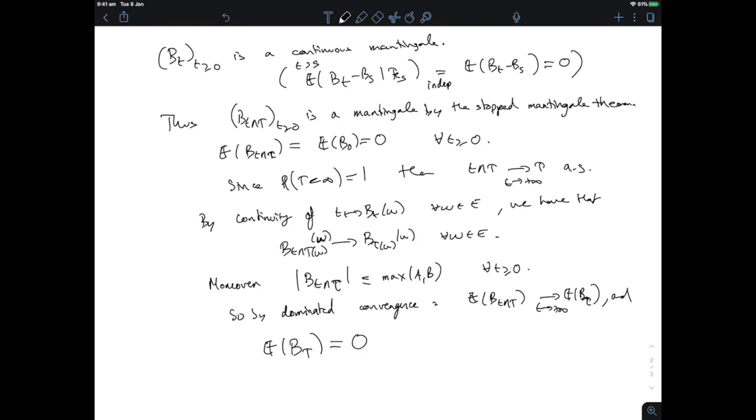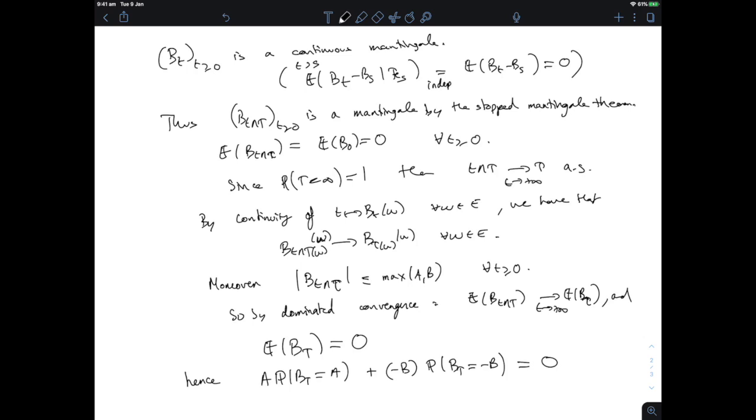And now we're done, exactly like in the discrete time situation. What is the expectation of B of tau? There are two possibilities: B of tau can either be a or it could be minus b. So this is the probability of B of tau being a, times a, plus minus b times the probability of B of tau being minus b. But B of tau being minus b is exactly B of tau not being a.